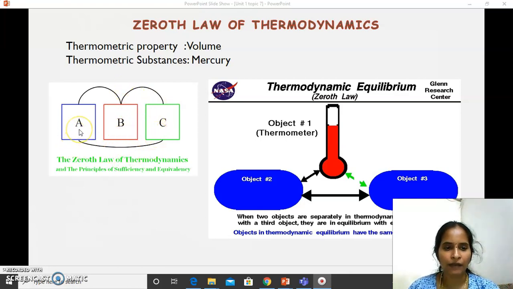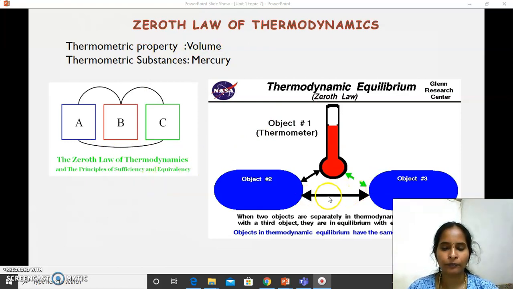That is, you are a friend of Krishna, and separately Krishna is a friend of Naveen, then automatically Naveen and you will become friends with each other. This is simple logic, and that is called the zeroth law of thermodynamics.